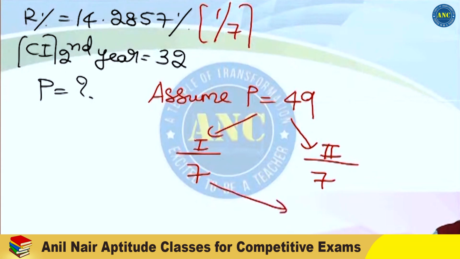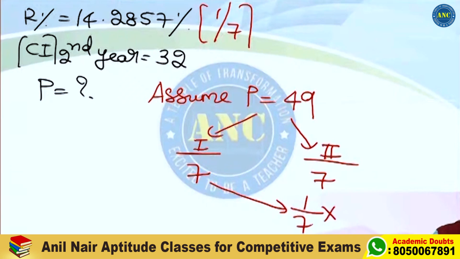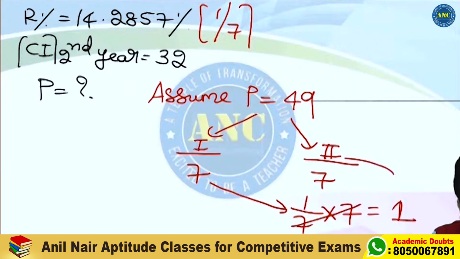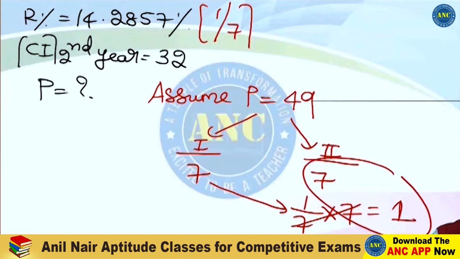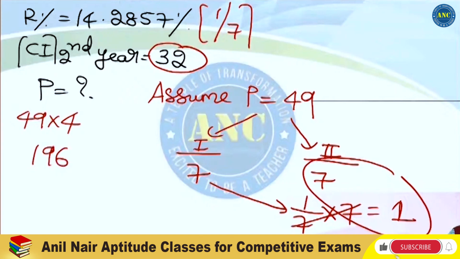CI is SI plus interest on interest: 1 by 7 of 7 is nothing but 1. 7 plus 1 is 8. In the question it is given as 32, which is 4 times, so it is 49 into 4. The answer is nothing but 196.